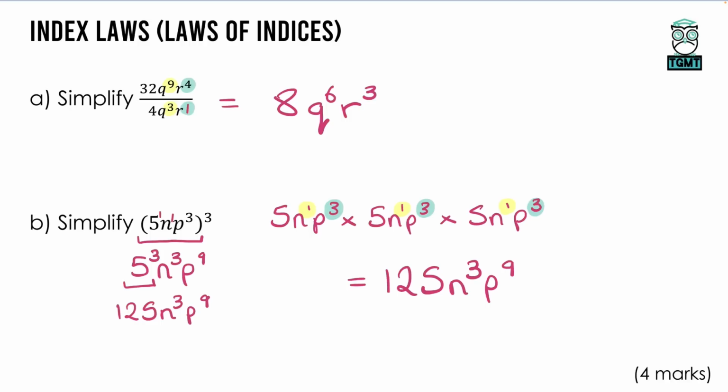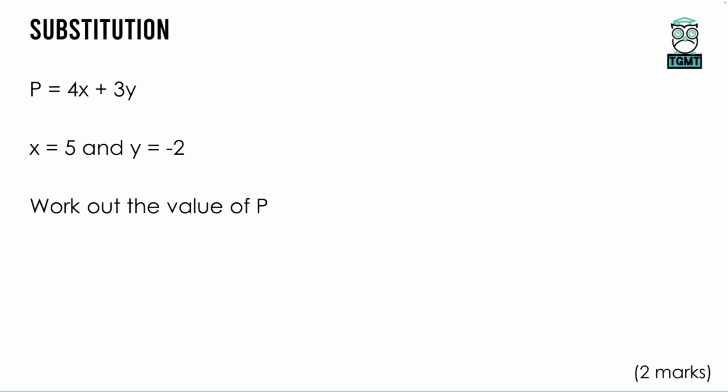Under substitution, here it says p is equal to 4x plus 3y. It now tells us that x is 5 and y is -2, and work out the value of p. Now the only thing we need to be careful of here really is that -2.